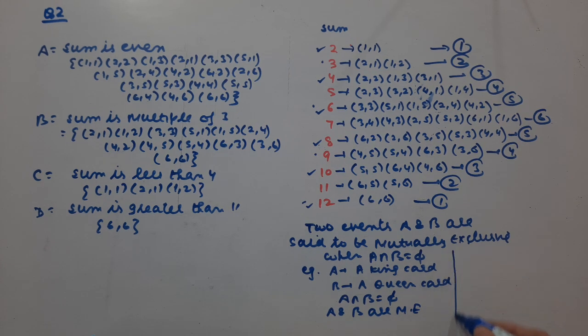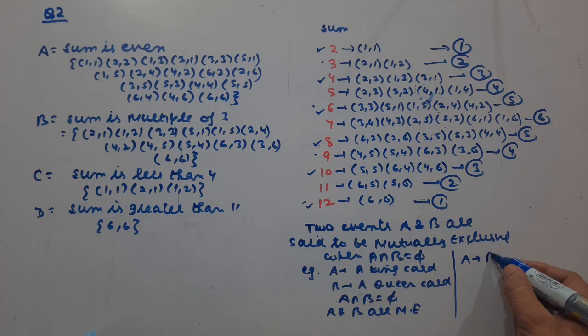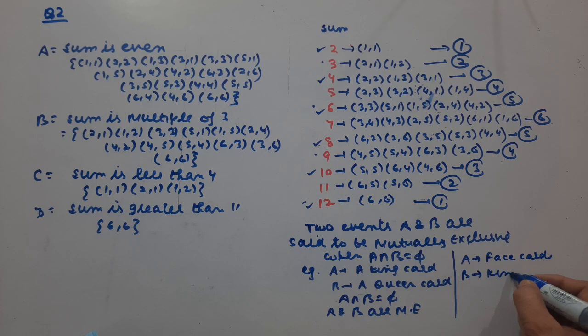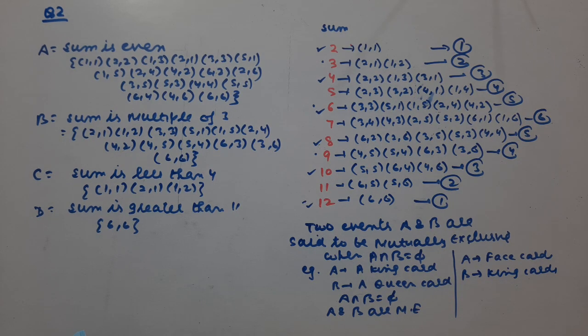Now let us take another example. Suppose A is the event of face cards and B is the event of king cards. Event A is face cards and event B is king cards.